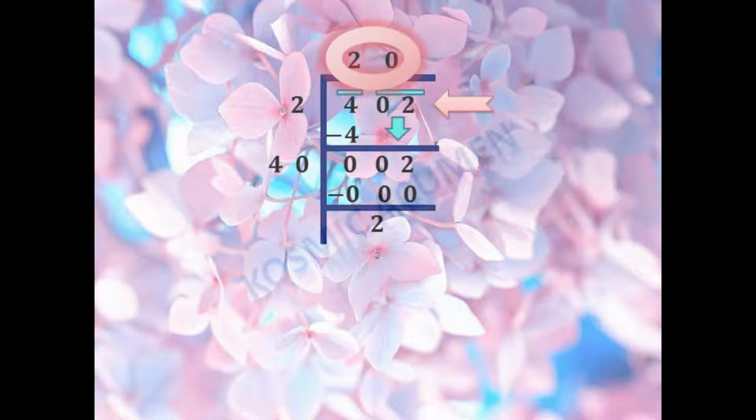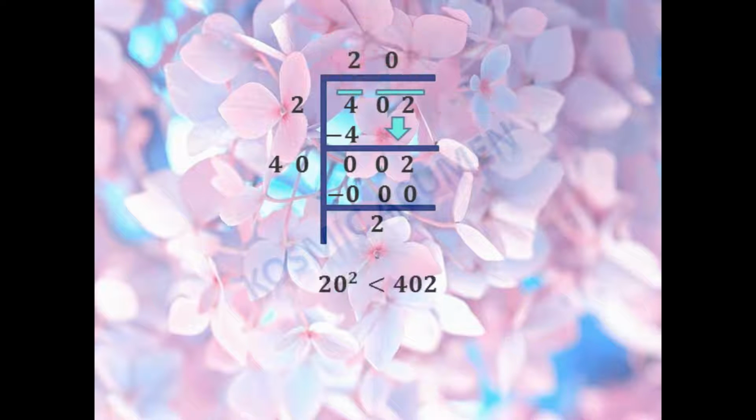Alright, but since the remainder is not 0, I'll simply say that 20 square is less than this 402. So 20 is not the square root of 402, I know this. Or in other words, 20 square is not equal to 402, but it is less than this 402.